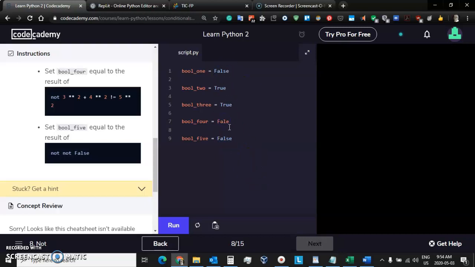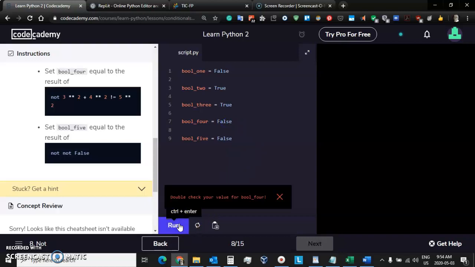And I did a small typo up here. Let me do false. Let's see if we made any mistake with this. Yes, indeed. So we need to take a closer look at 4 again. So I'm going to quickly evaluate this. So that is going to be 9. 9 plus 16 is 25.